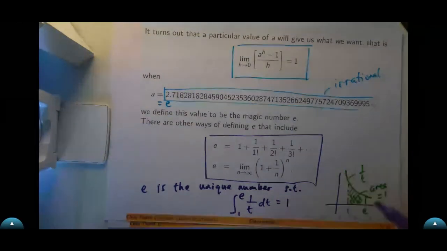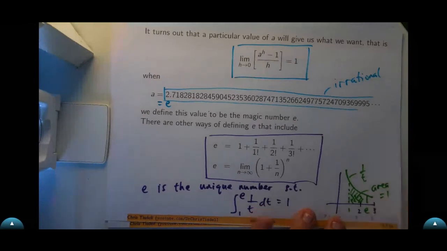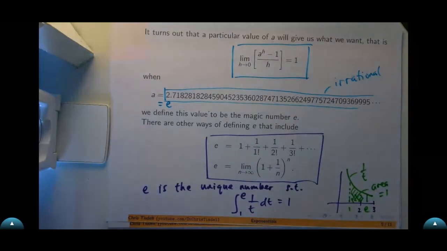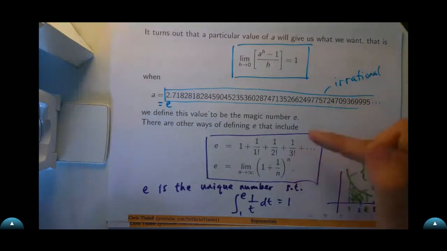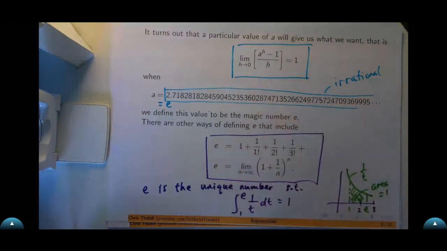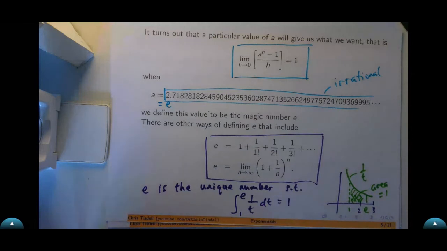Now e is a bit bigger than 2, and a bit less than 3, so it's about 2.7183. So there's a couple of ways of doing these sorts of derivations, if you like, of this magic number e. But this is nice because it ties it in with something that involves area and something that we've already looked at before.